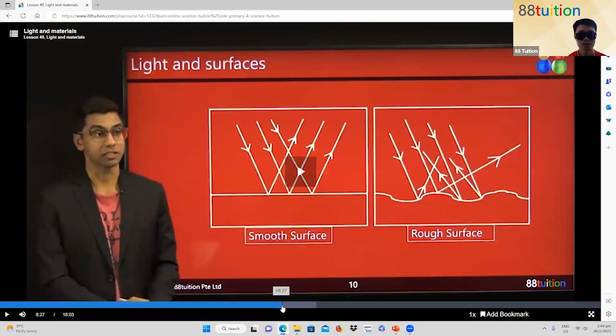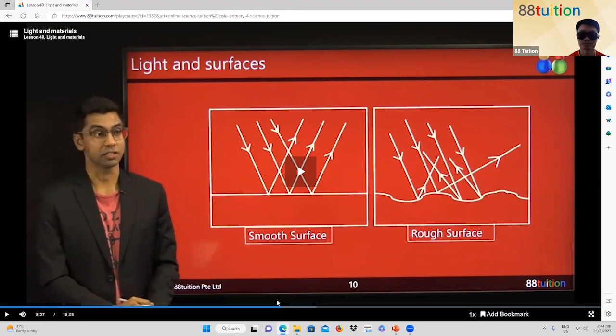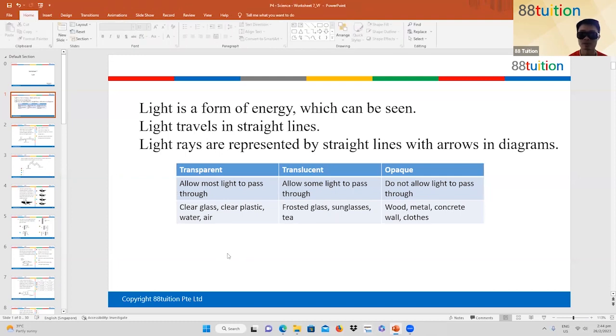Now, let's look at types of reflection. Diffuse and regular. This is diffuse reflection, whereby you don't see any images, whereas this is regular reflection. So let's look back at the PowerPoint. Reflection of light allows us to see objects.